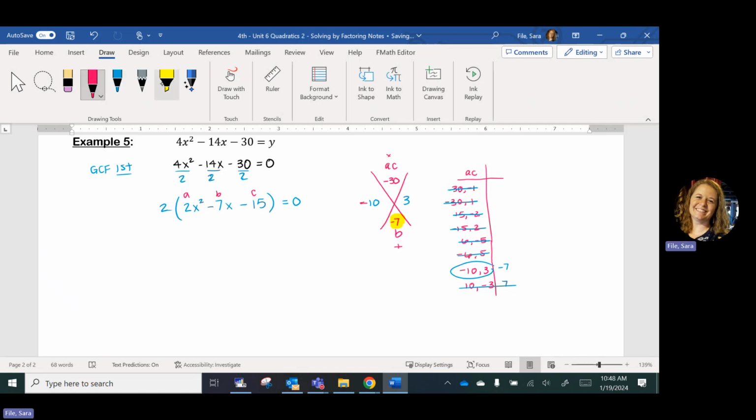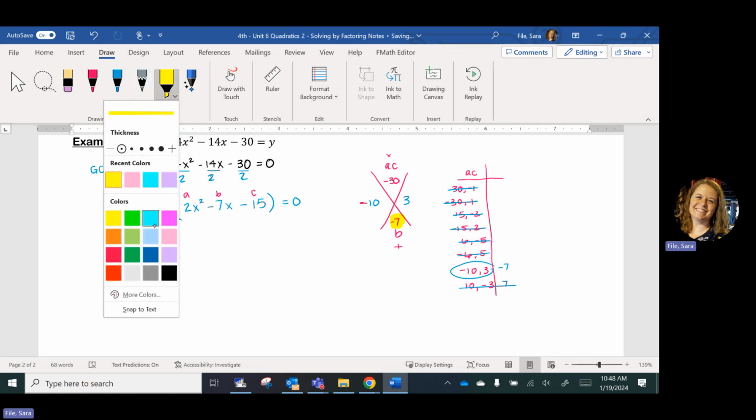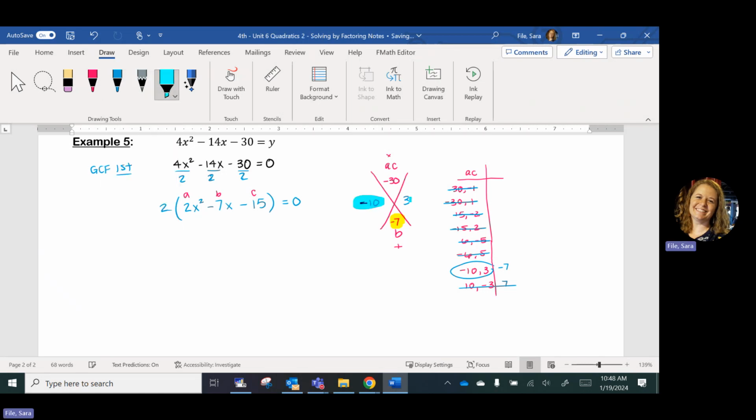Now, what you do with these numbers is you are replacing your b term. Instead of negative 7x, we're going to write it as negative 10x and 3x, right? Do y'all want to do it as grouping or box method? Grouping? Okay.